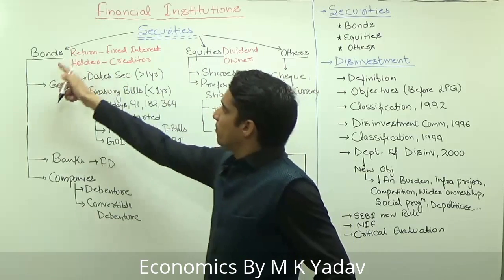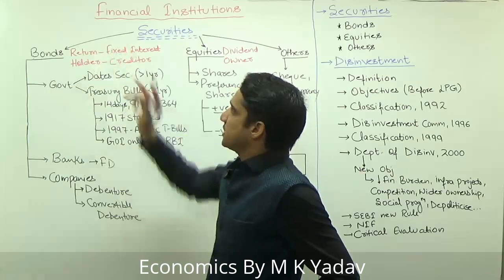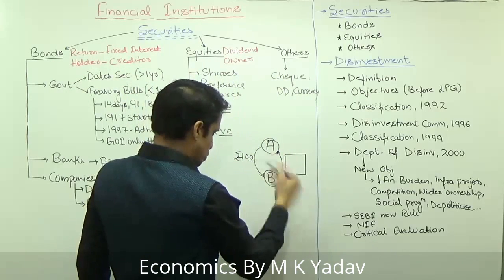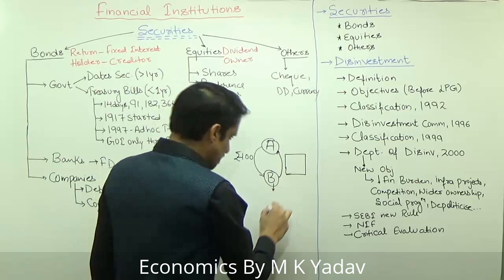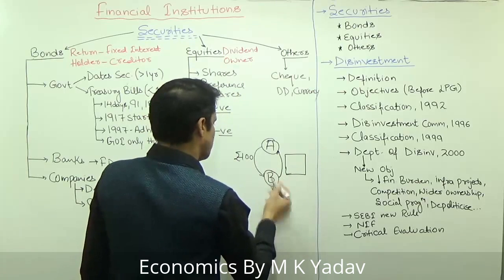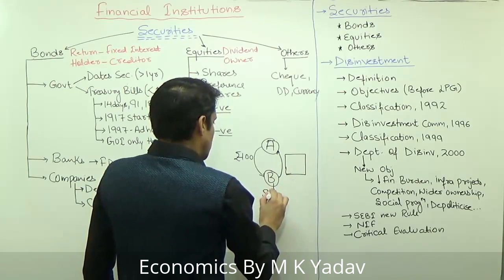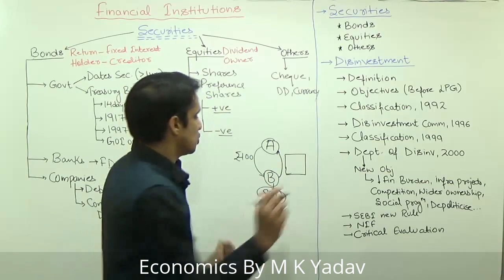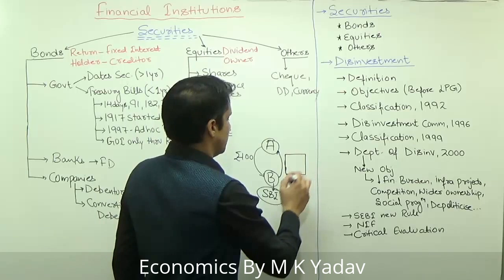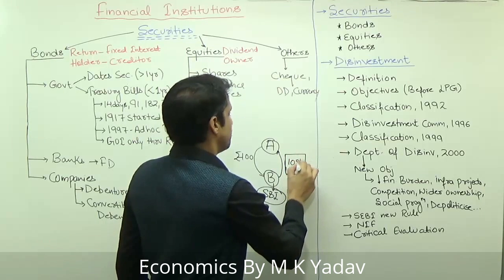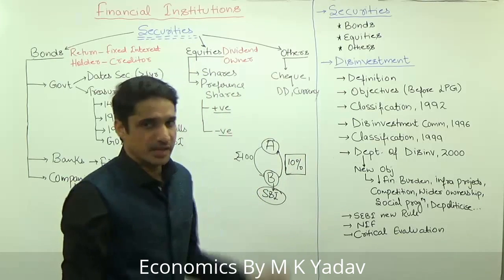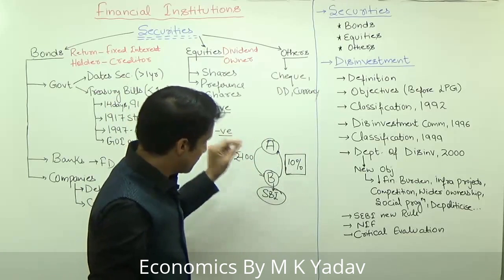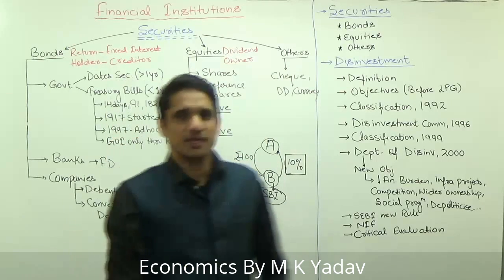So in case of a bond, what you get is a fixed interest rate. Suppose A gave 100 rupees to B, and B is a bank or Infosys. Even if SBI goes into loss, SBI still has to pay whatever was promised. SBI has to pay 10% interest and will return 110 rupees after 1 year. It doesn't matter what the financial condition of SBI is.